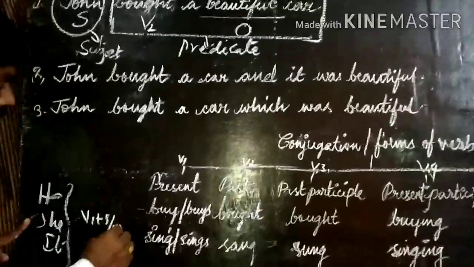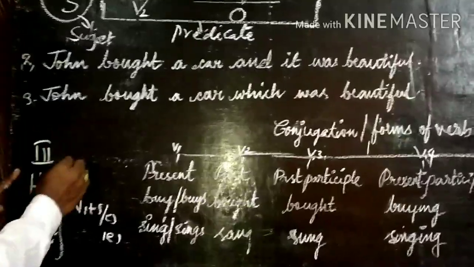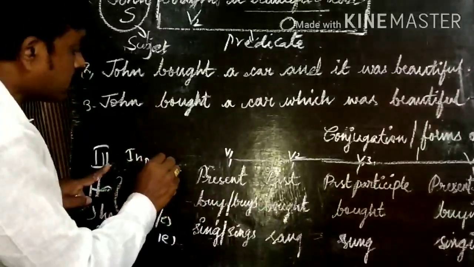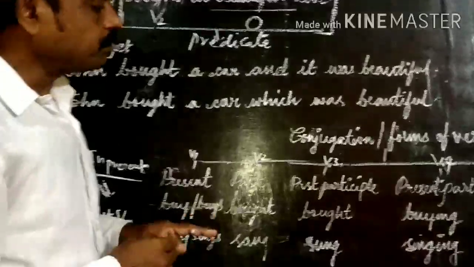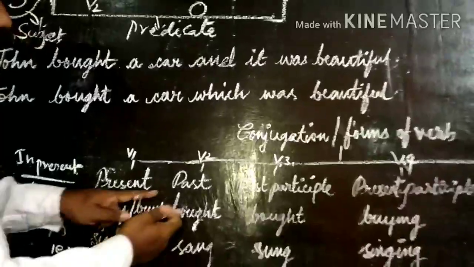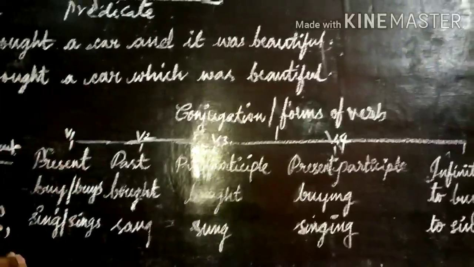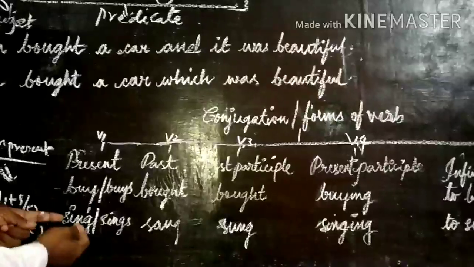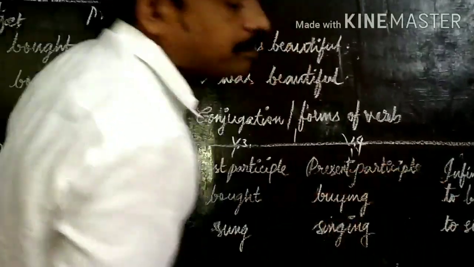Only in present tense. Remember that. You must bear in mind, it's a very important aspect in grammar. These are buy, buys, bought, bought, buying, to buy. Let us see the forms of another verb. For example, sing, sings, sang, sung, singing, to sing.